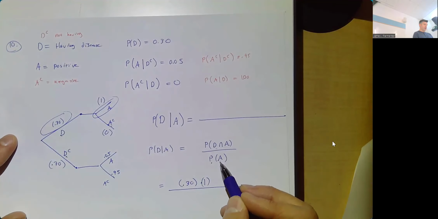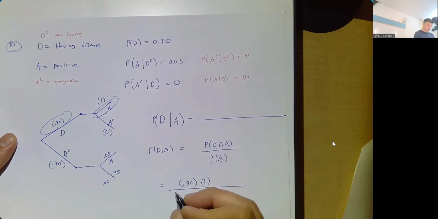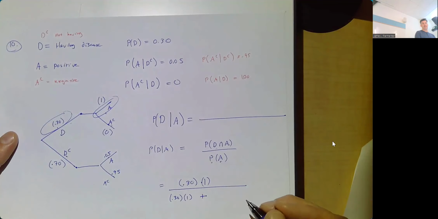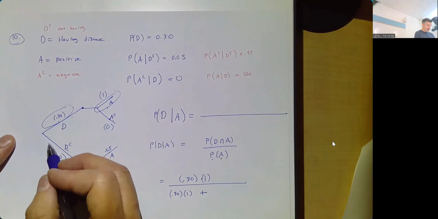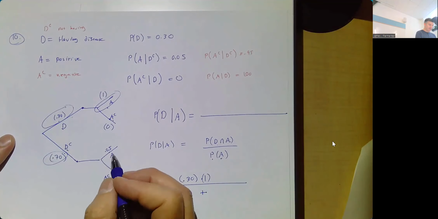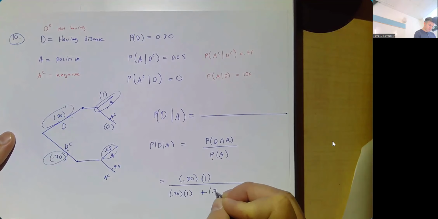Well, you can either have the disease and have a positive test, or, notice that when I say the word or, I'm adding, because that's how the words work with math. Or usually means add, and usually means multiply. Or I cannot have the disease and test positive. And that is our answer.